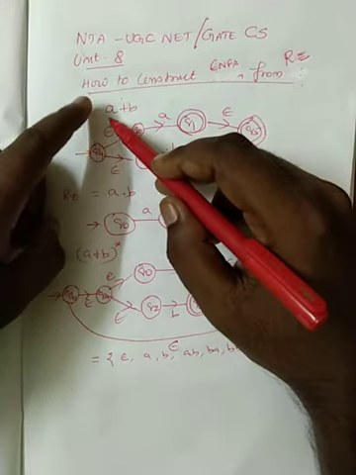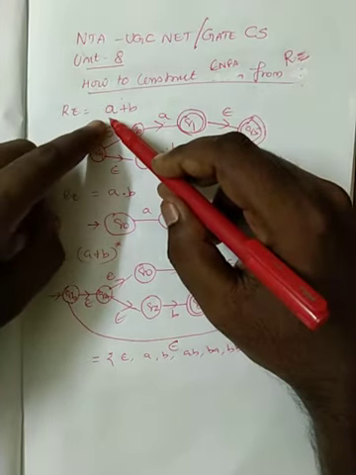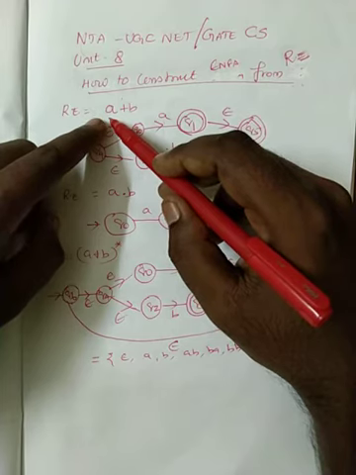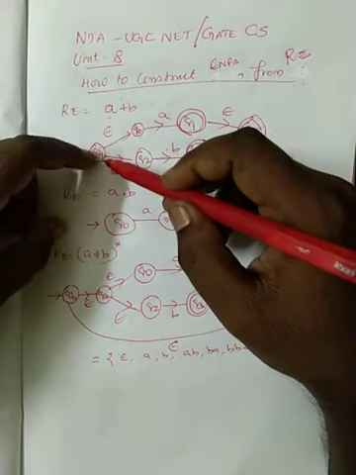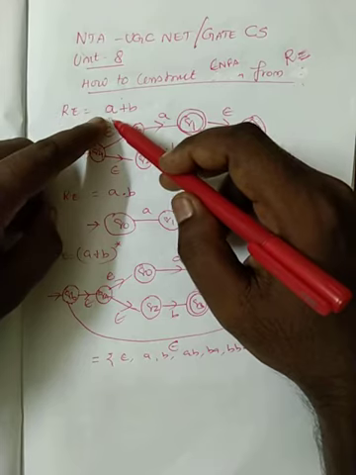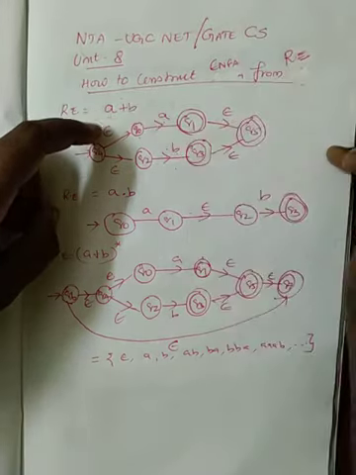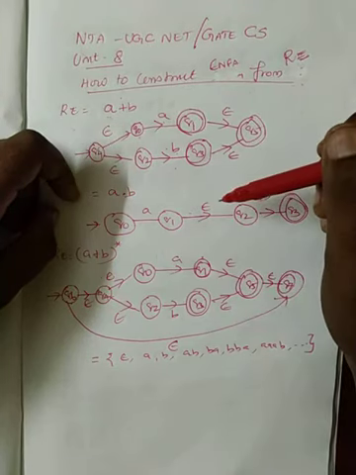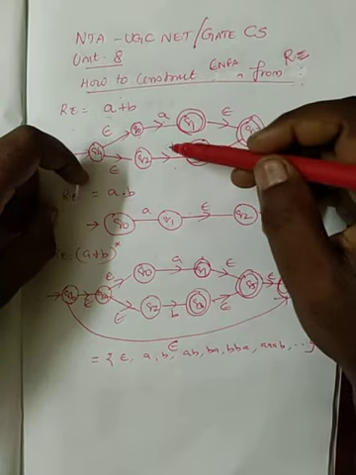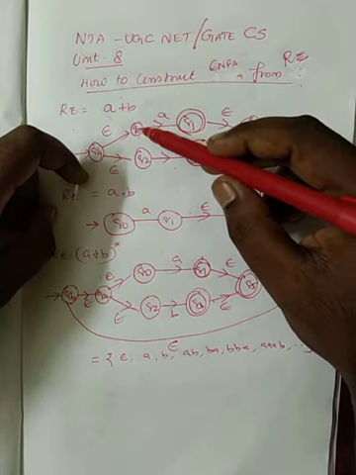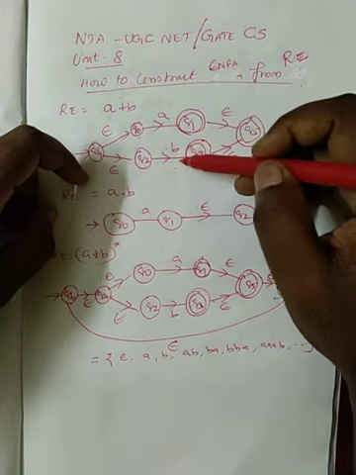Now the meaning is that this regular expression must have a diagram such that it either accepts a and goes to the final state, or accepts b and goes to the final state. So we have drawn the A transition and the B transition.